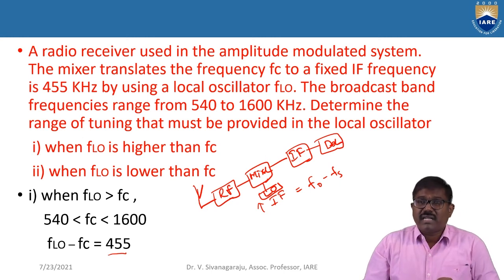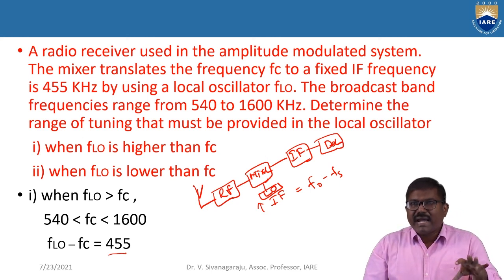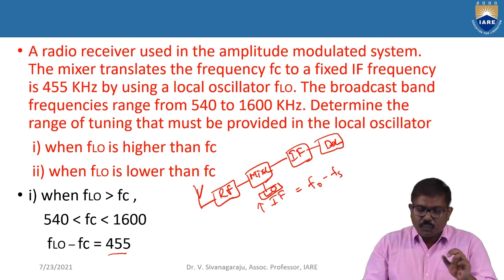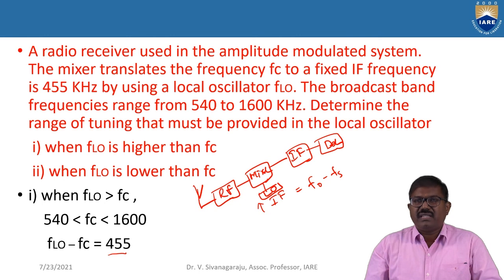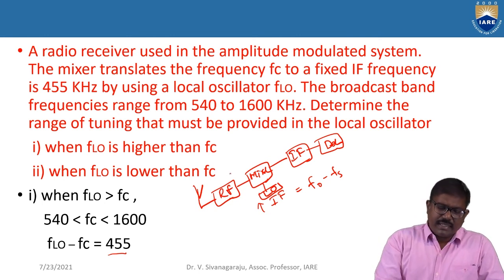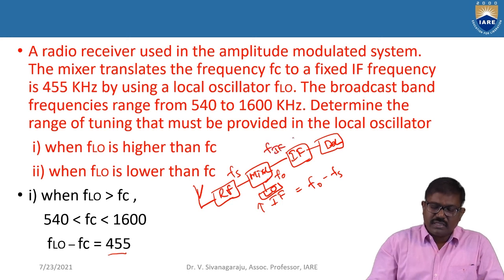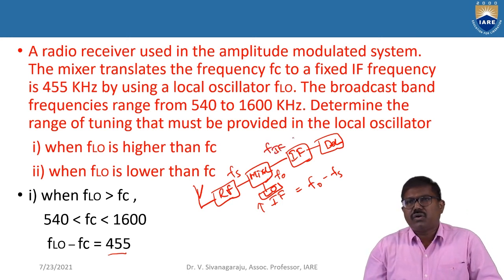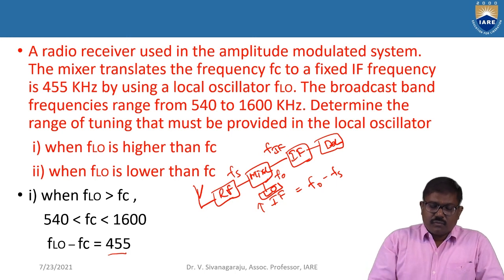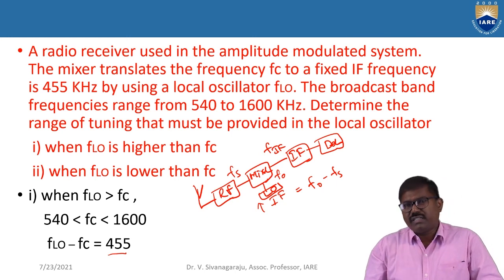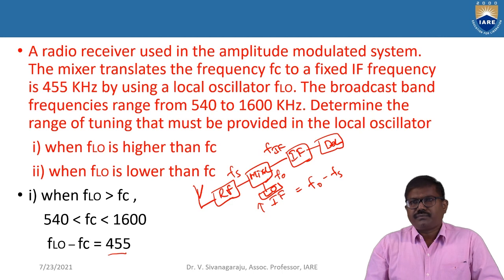Our importance in this problem is the mixer, the IF, and the signal frequency range. Generally we take the signal frequency as Fs, the local oscillator as F0, and the intermediate frequency as IF. According to the problem we changed the notations, but no problem.